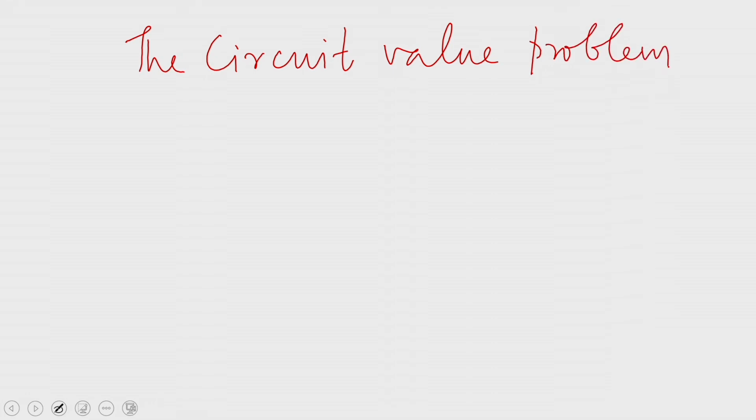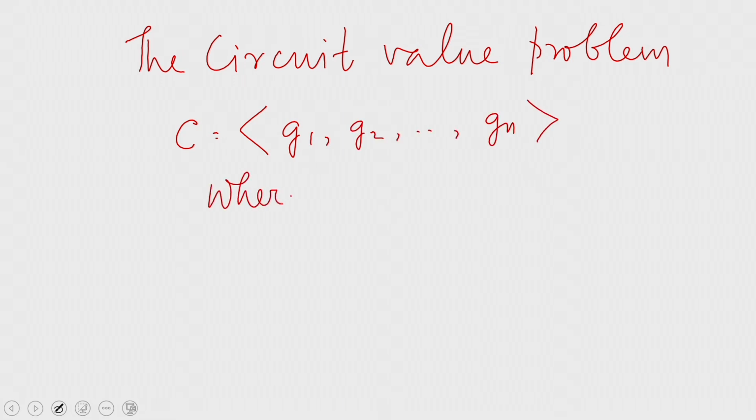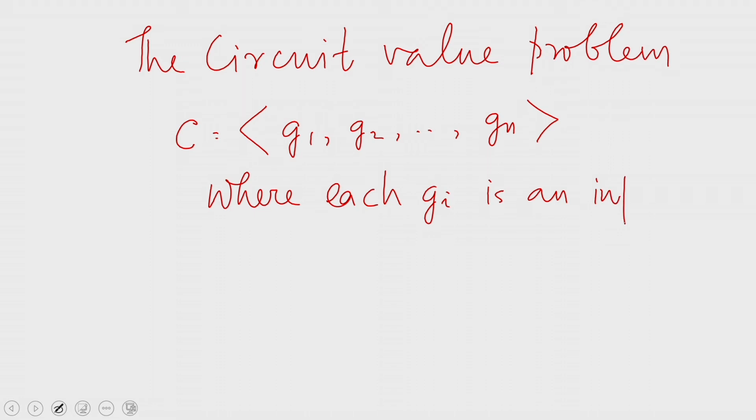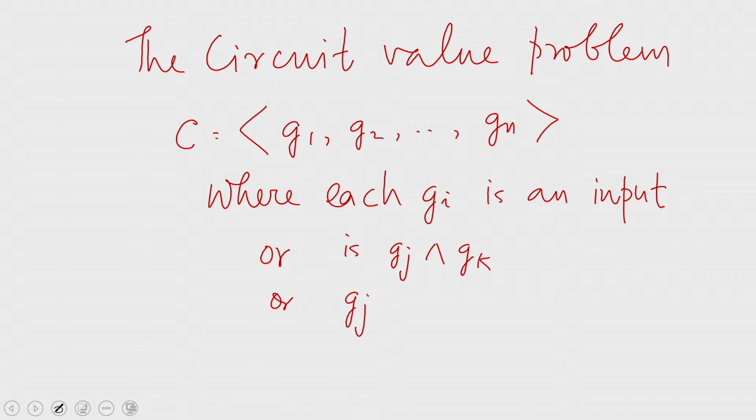The circuit value problem takes an instance of a circuit where each Gi is an input, or is Gj and Gk, the AND of two previous gates, or Gj or Gk, or negation of Gj, for j, k less than i.